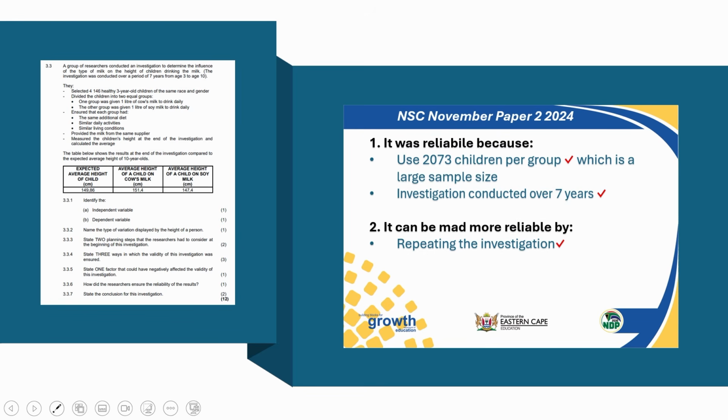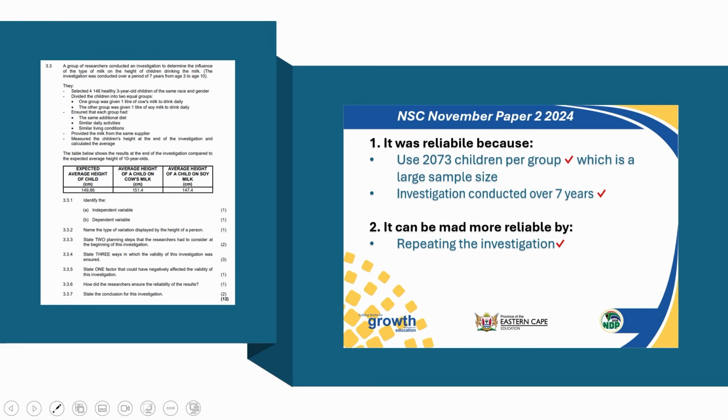Right, and let's look at paper 2 now. How did you do there? The first question was, how was it reliable? Here again, we used 2,073 children per group. Now notice here, I did not say 4,146 like it says in the question paper.